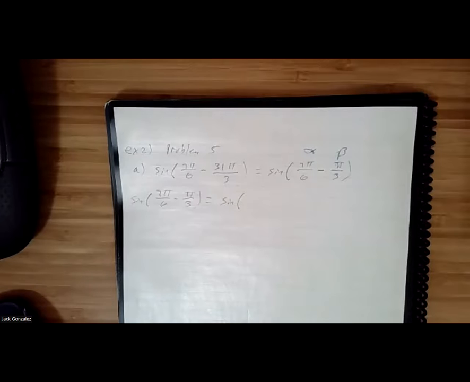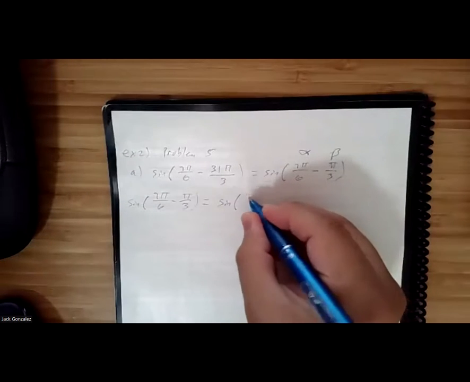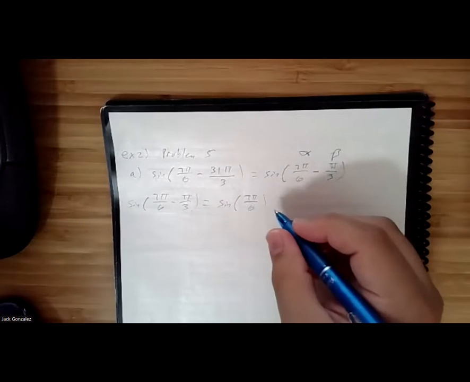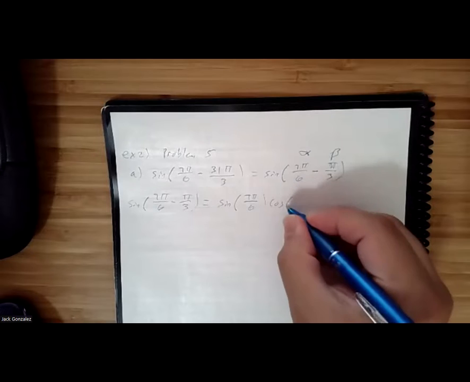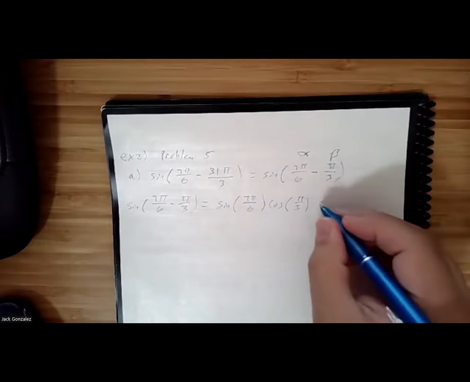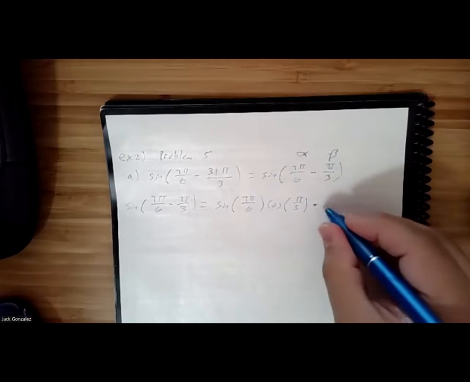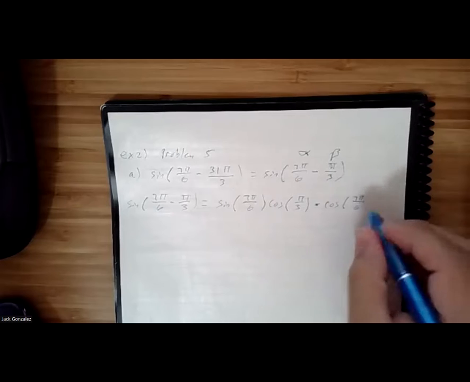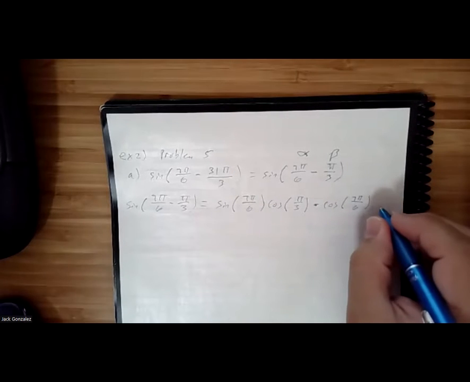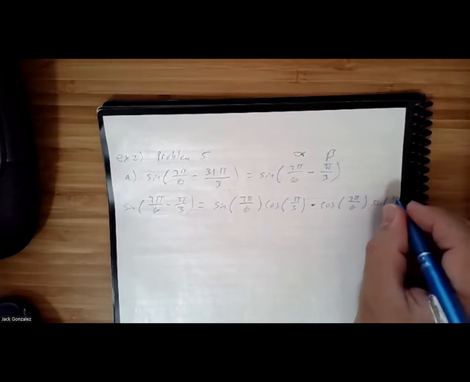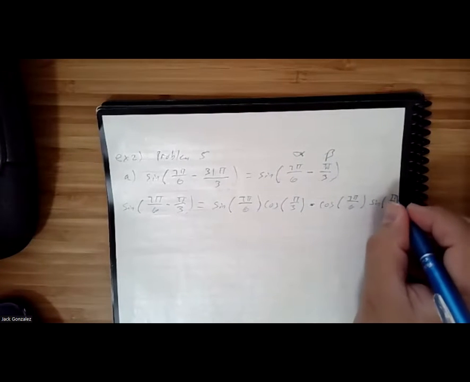Here it is. Sine minus the difference formula. So sine alpha cosine beta minus cosine alpha sine beta, which is sine of 7 pi over 6 times cosine of pi over 3 minus cosine of 7 pi over 6 times sine of pi over 3. There we go.